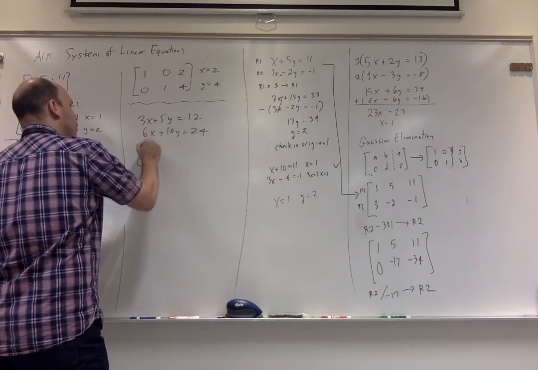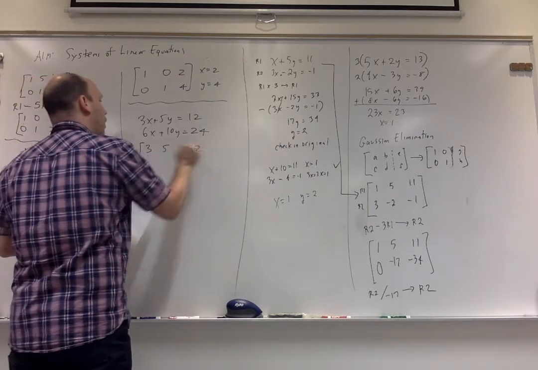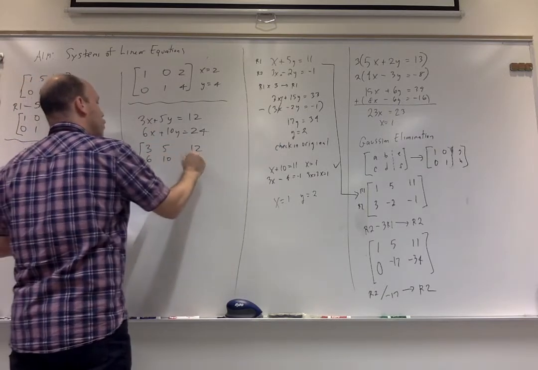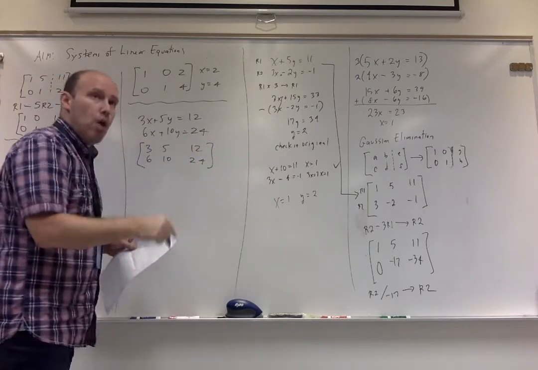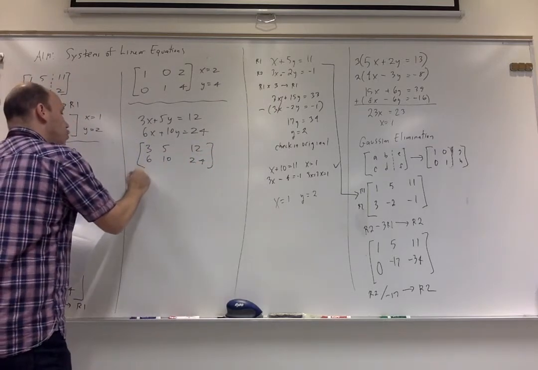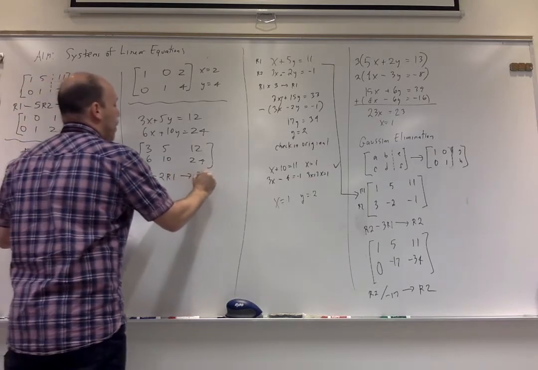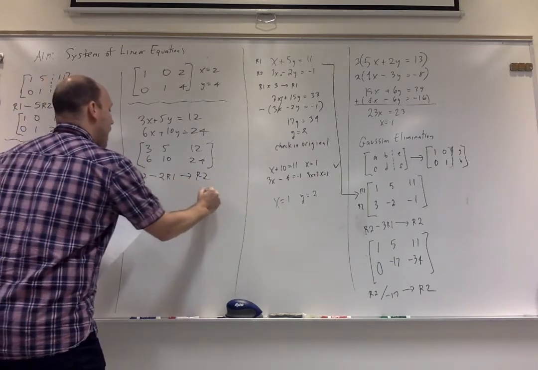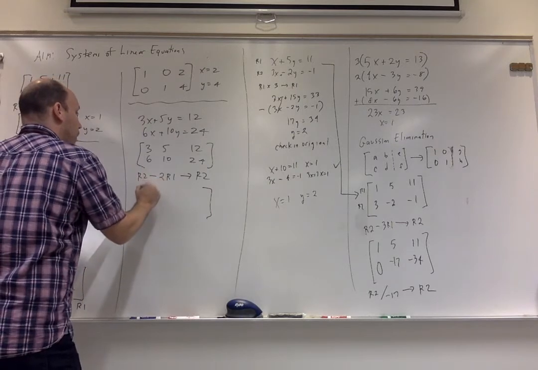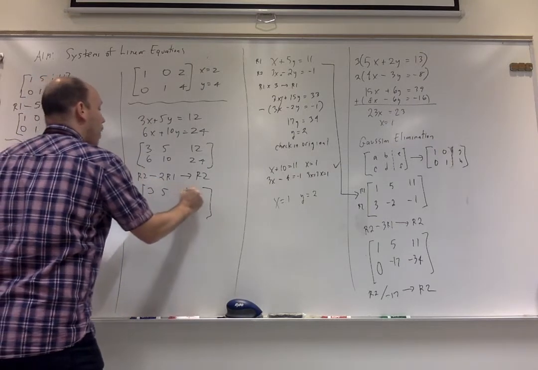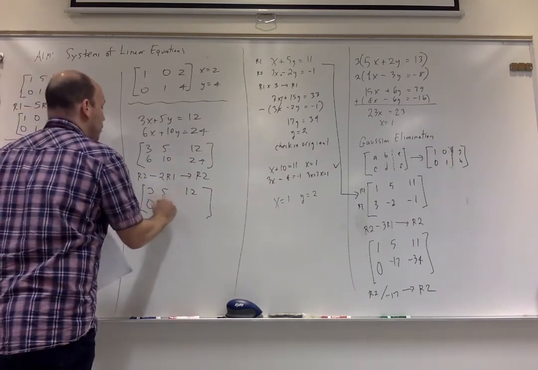So we have 3, 5, 12, 6, 10, 24. Okay, so let's let row 2 minus 2 times row 1 be my new row 2. So we didn't do anything to the first row. We have 3, 5, 12. In the second row, we have 0, 0, 0.